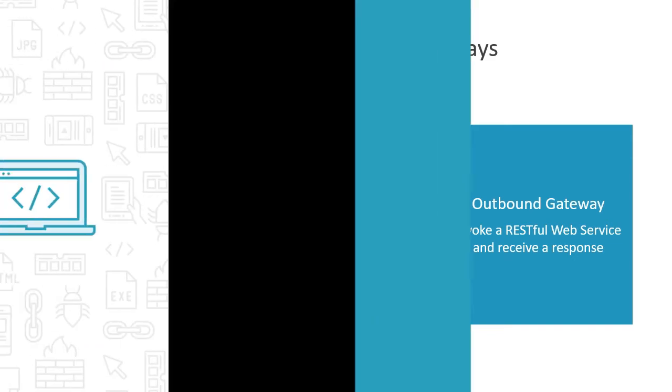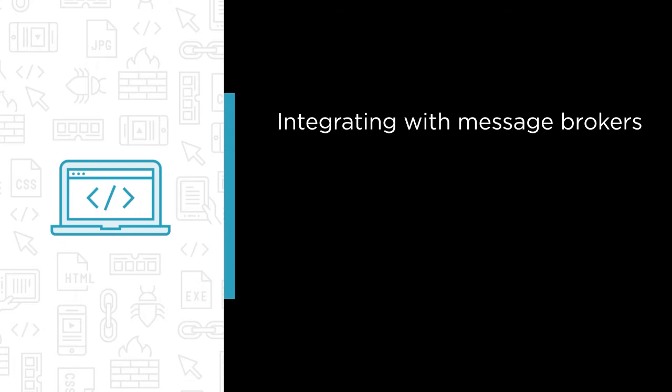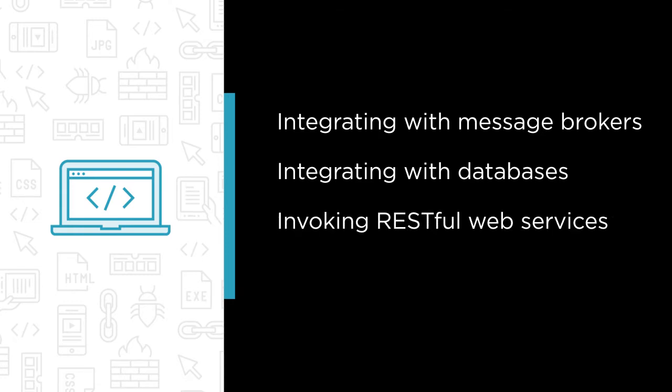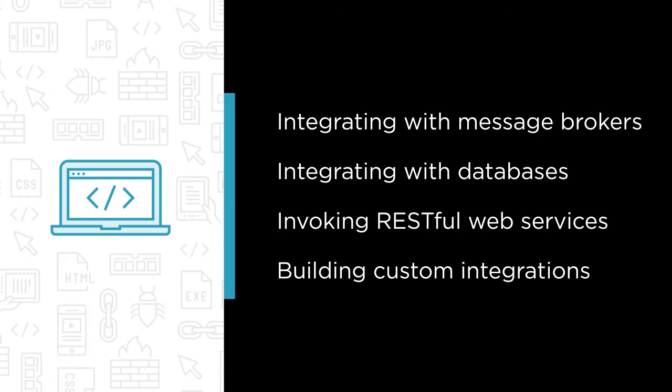Some of the major topics that we'll cover include integrating with message brokers such as ActiveMQ, RabbitMQ, and Apache Kafka, integrating with databases such as MariaDB and MongoDB, invoking RESTful web services from a Spring Integration application, and building custom integrations for which Spring Integration does not provide native support.